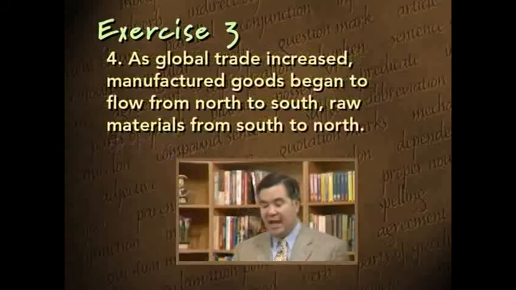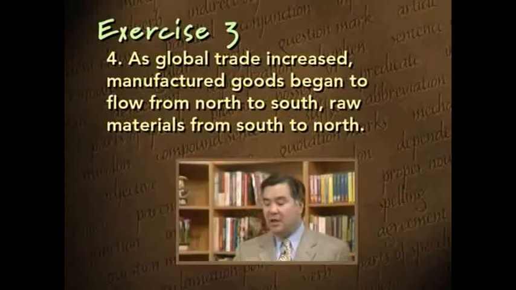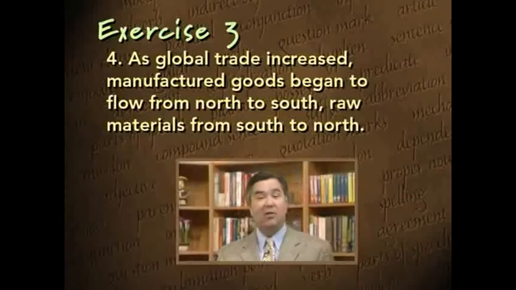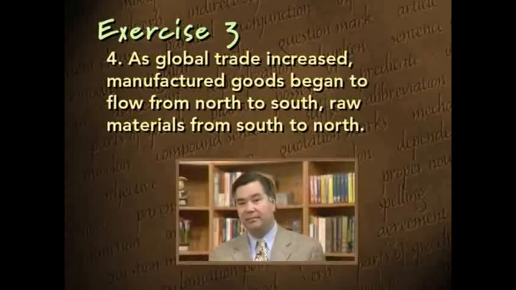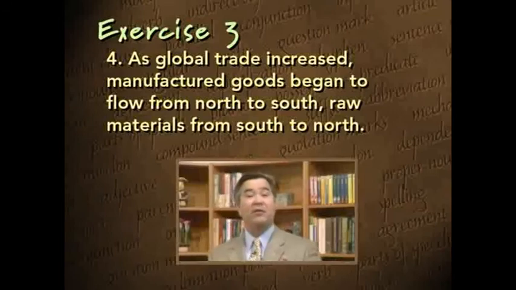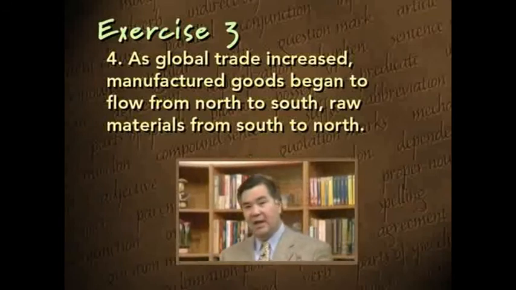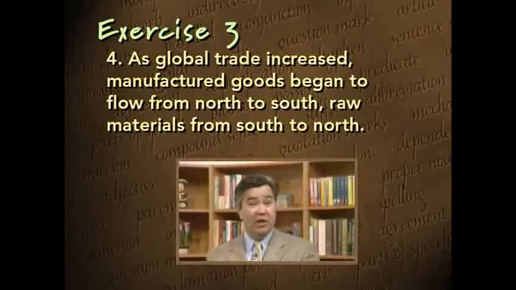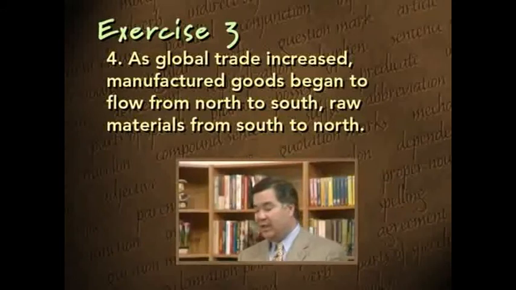Next example. As global trade increased, manufactured goods began to flow from north to south, raw materials from south to north. Once again, two closely related ideas talking about the flows of global trade. Now, certain words were omitted from the second clause just to save space and avoid needless repetition.